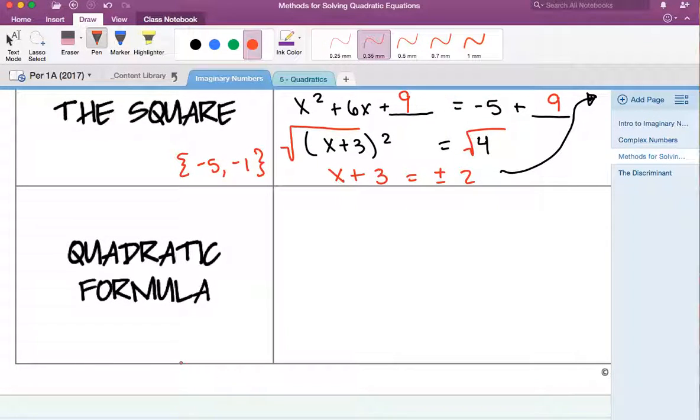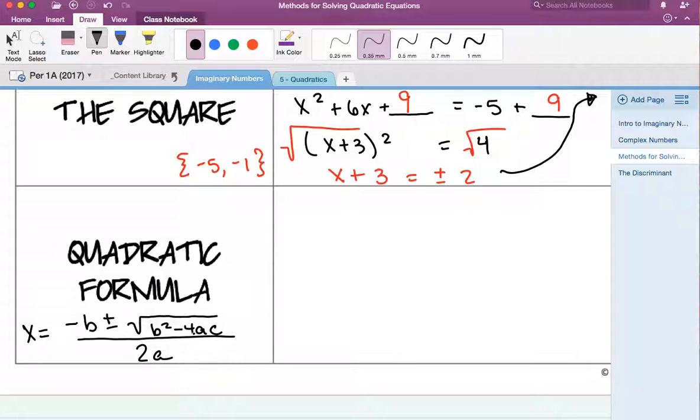So we're going to do it using the quadratic formula. The formula is x is equal to -b plus and minus the square root of b squared minus 4ac, all divided by 2a. Okay?